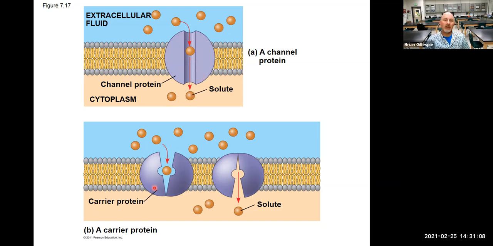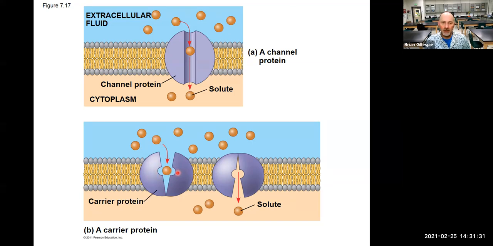Down here at the bottom are the carrier proteins. So a carrier protein has a shape which makes it open to one side of the membrane. A solute particle that this protein is meant to transport lands in a receptor site.